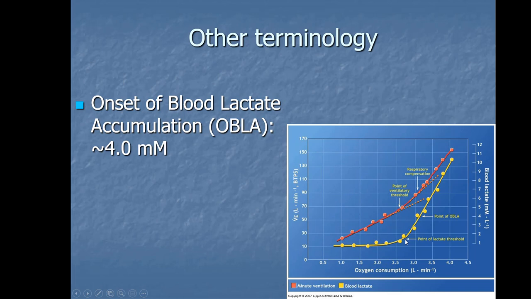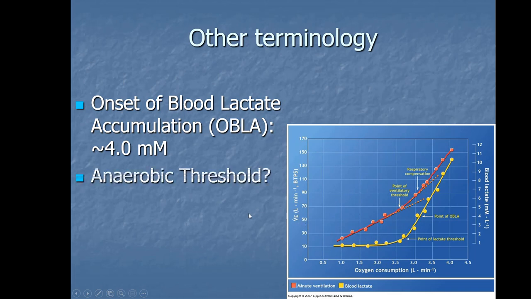Generally in a research study, at least 2 researchers would look at it and make sure they agree before they decide that's the lactate threshold. If they disagree, they would analyze it further. Whereas the good thing about the onset of blood lactate accumulation is that it's just set at a number, so it's more objective in nature and there's less subjectivity to it.